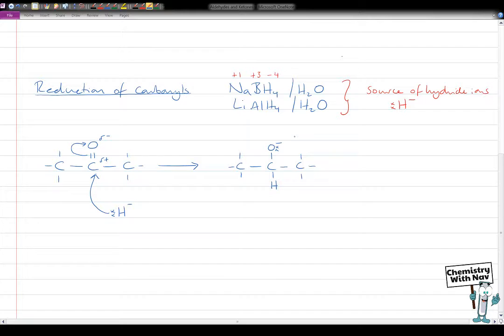The reason why the water is present is that we somehow need to finish this off. And the water is also polar, and that oxygen has a lone pair, so we get a bit more electron movement in order to take that hydrogen away from the water.